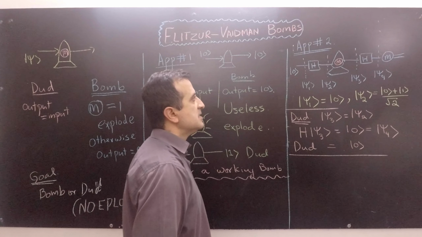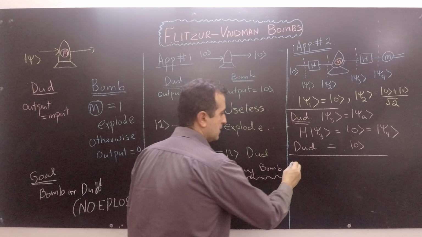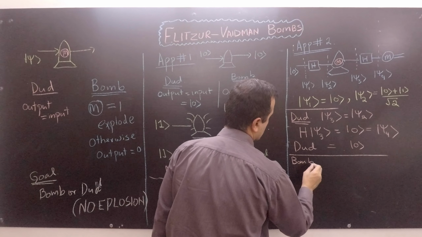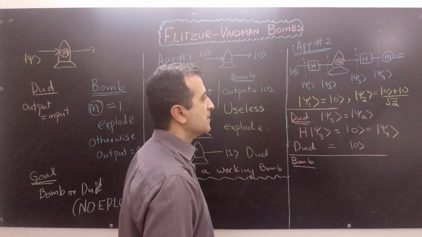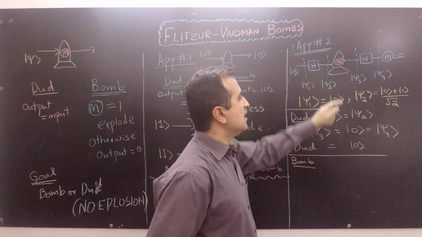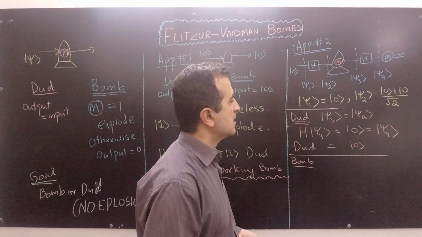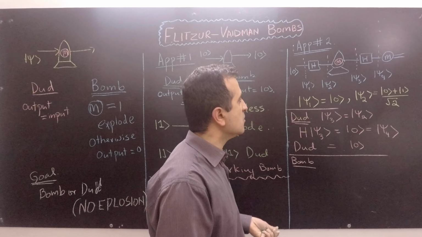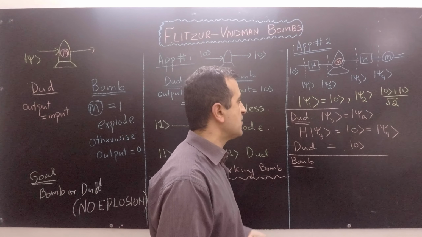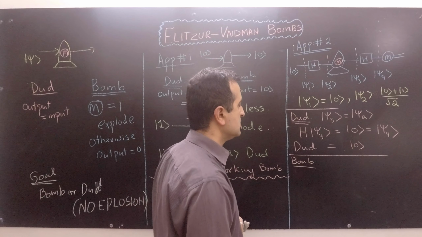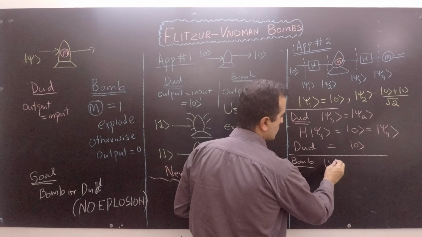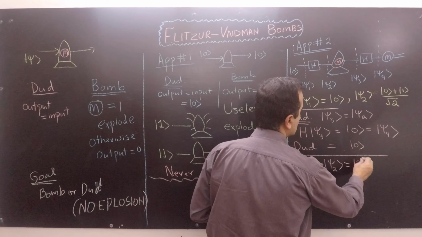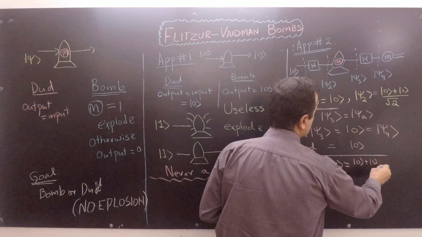In case the device was a working bomb, then it will explode with a probability of 50%, or we will get ket 0 as outcome with a probability of 50%. It is because recall that ket psi 2 was the equal superposition of ket 0 plus ket 1.